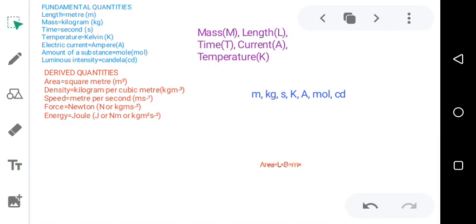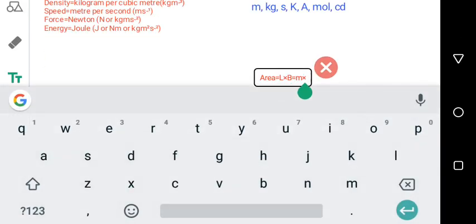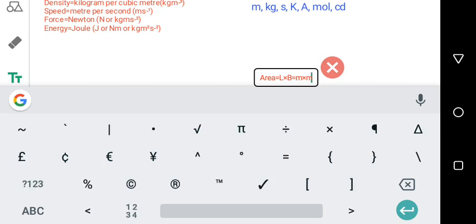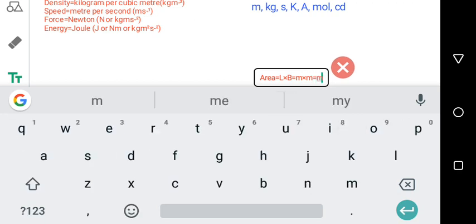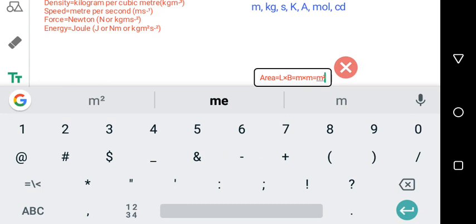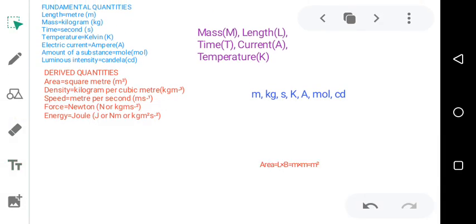Breadth has what unit? Breadth is still equivalent to length, which is talking about distance, and it's measured in meters. So we represent it with M too. Now M times M is what? M square. You can see that's just how the unit is being derived. Very easy.